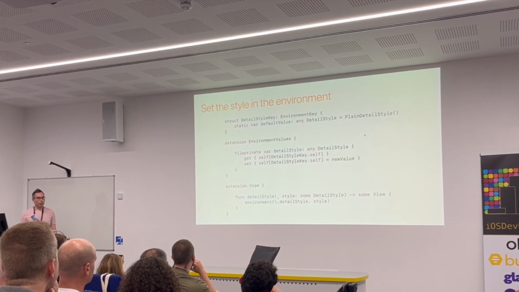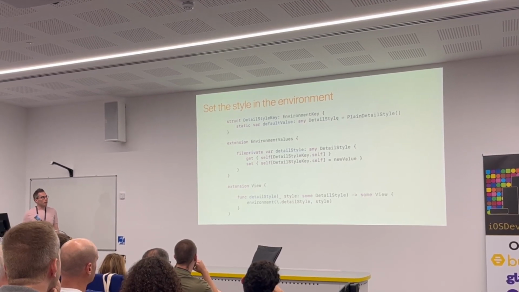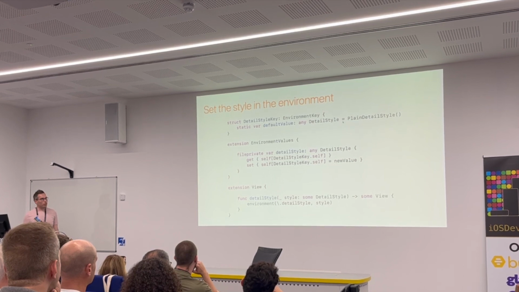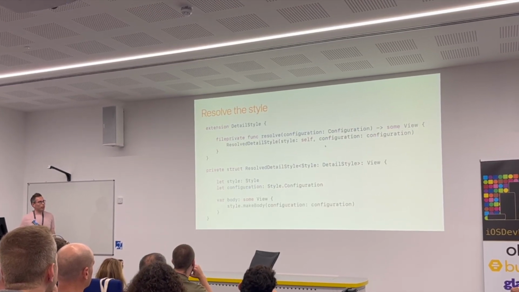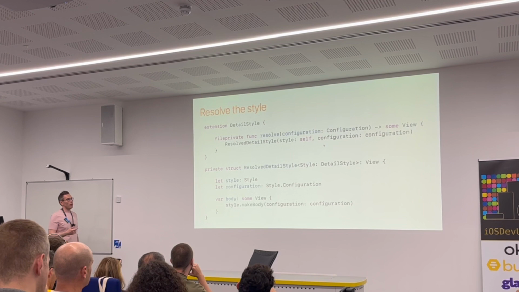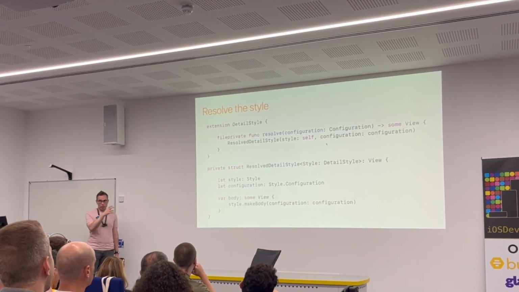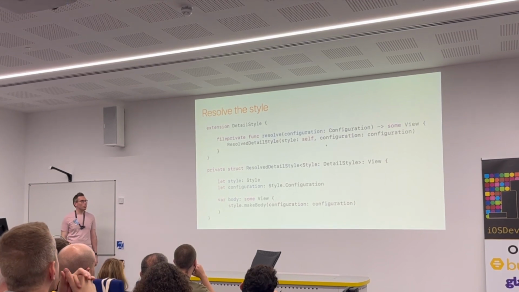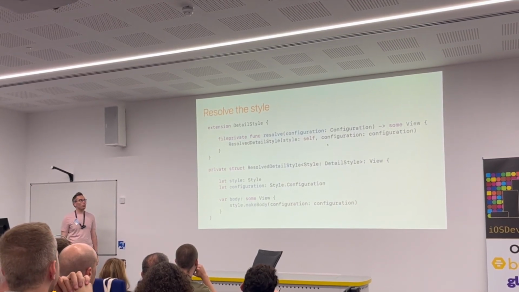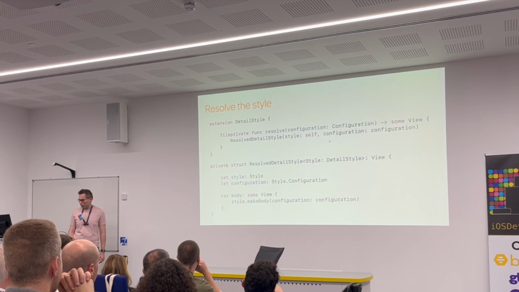But that won't get the propagation of the environment. If you do this, when it comes to actually using a style, you don't actually have the actual thing, you have the protocol boxed version. So the system doesn't know what type of style it is to call.